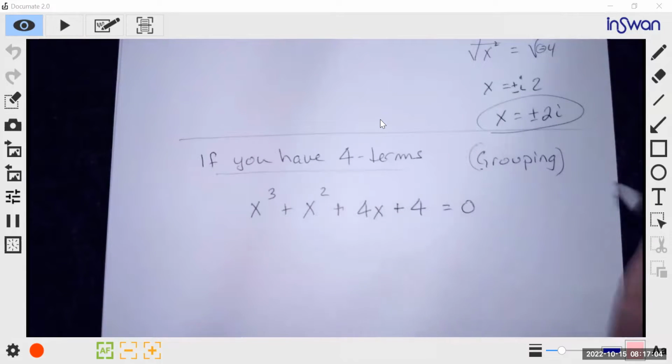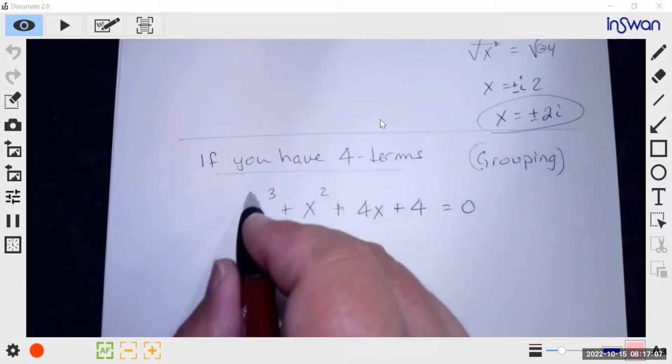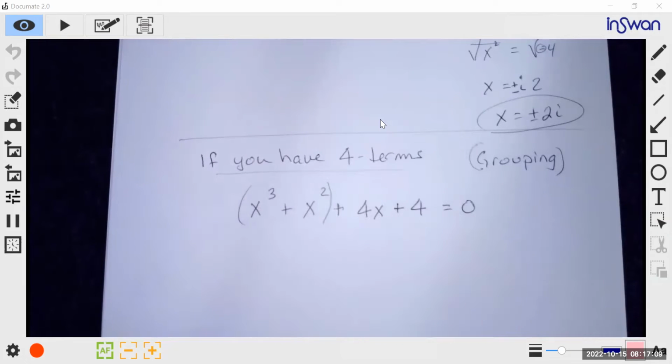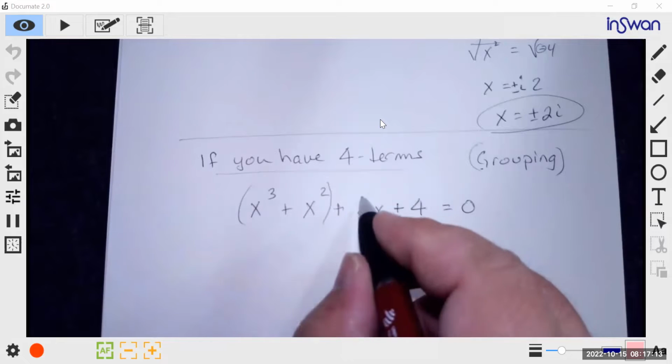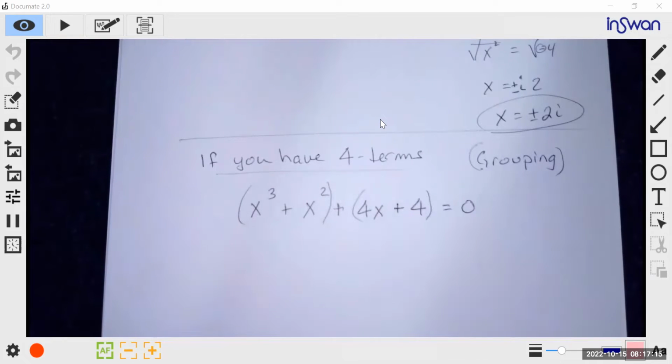The method of grouping is take the first 2 terms, put them in parentheses. Since the middle term is a plus, you don't have to include it. Just put the second 2 terms in parentheses.